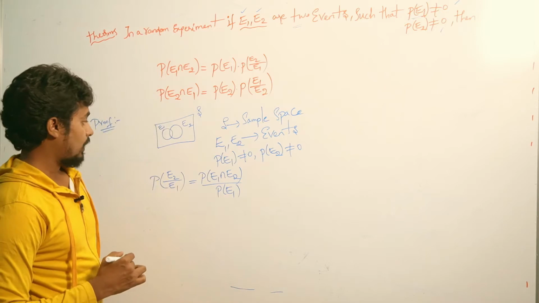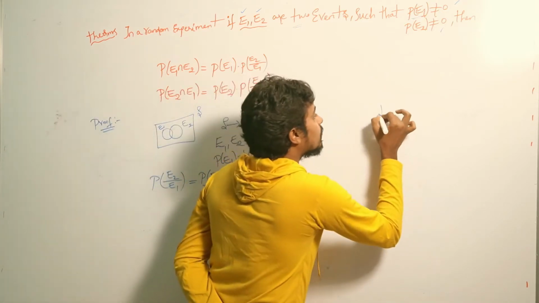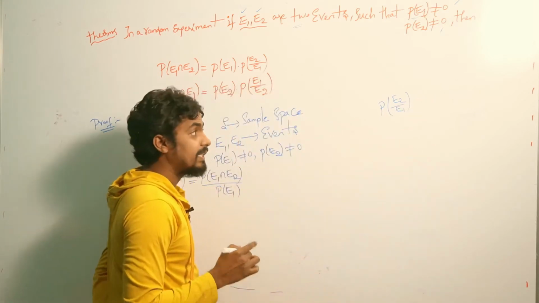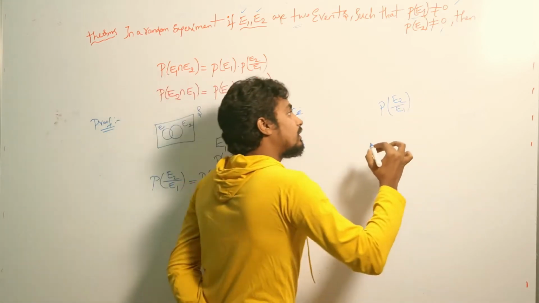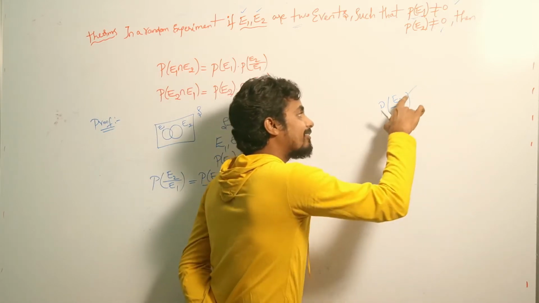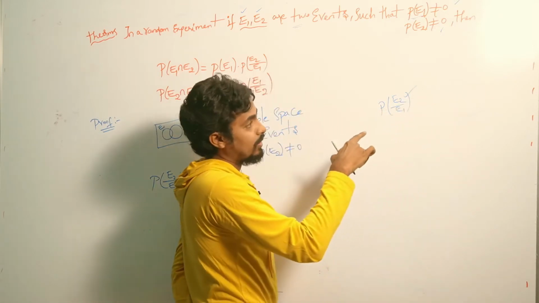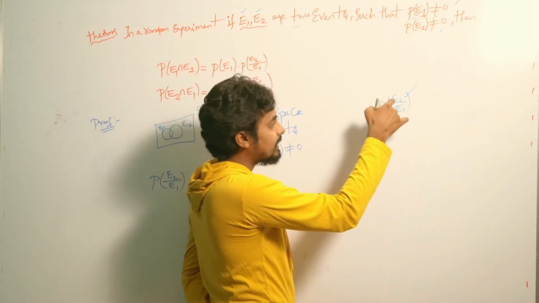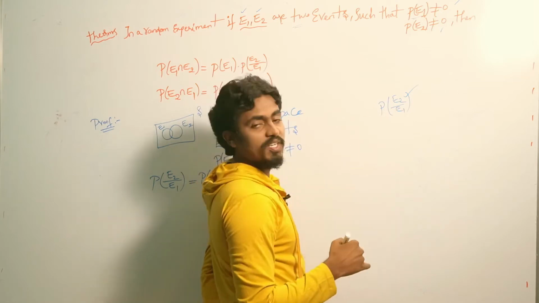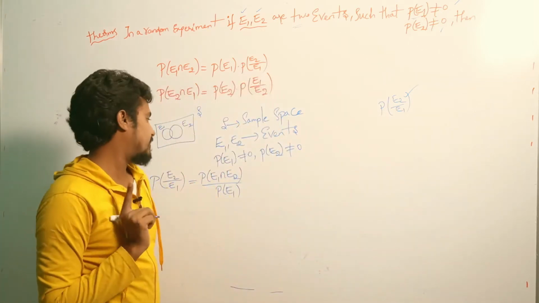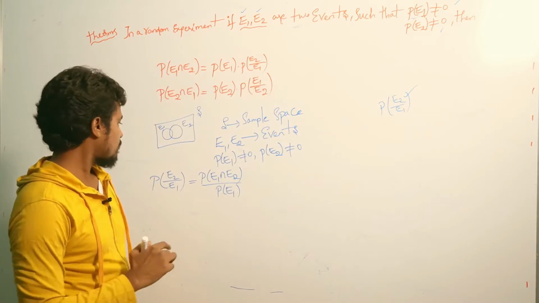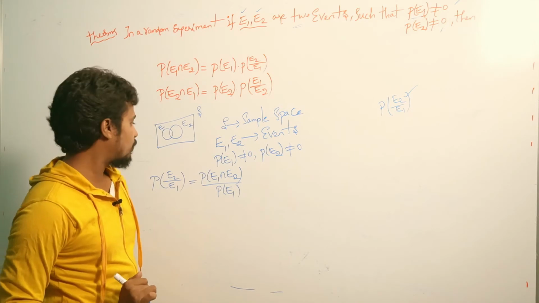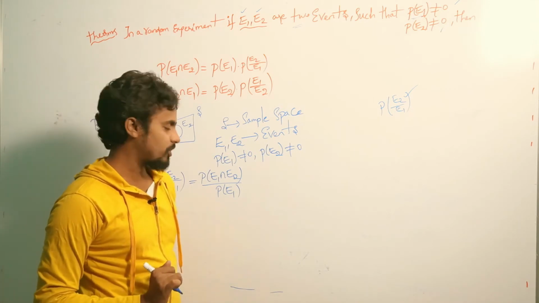That means if you take P of E2 given E1, independent means E2 will not affect E1, and similarly E1 will not affect E2. Hence these two events are said to be independent events. So this will be our formula: P of E2 given E1 is equal to P of E1 intersection E2 divided by P of E1.